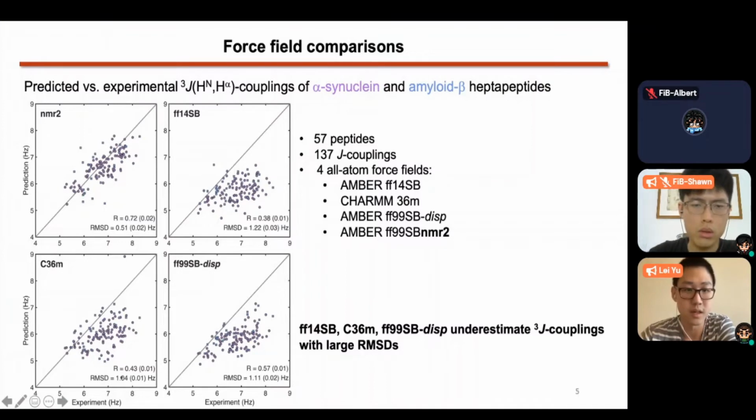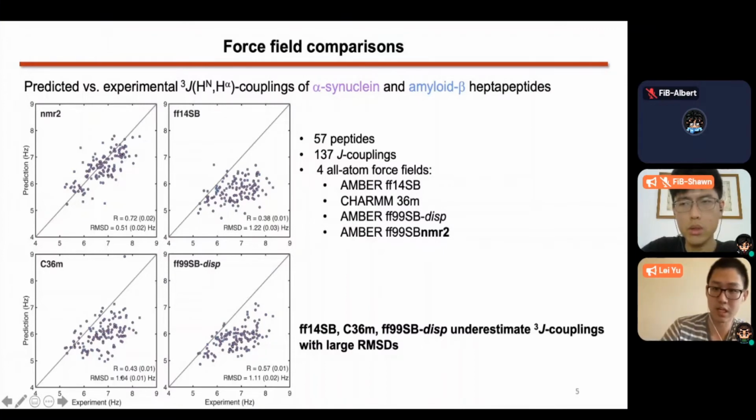And the Pearson correlation for the NMR2 result is also the highest, about 0.7. In addition, there's a general underestimation of the J-couplings in the other 3 force fields. So those data points are overall below the diagonal line.